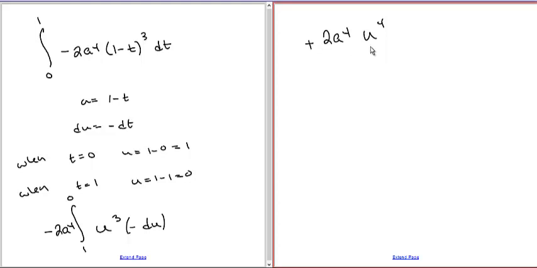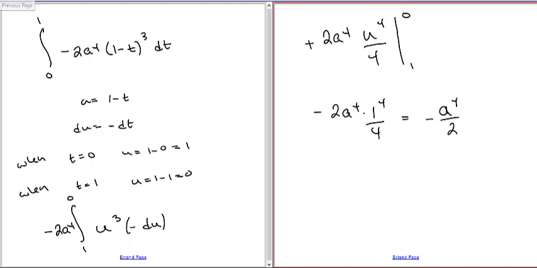This negative comes out front, becomes positive from the du, divided by 4, evaluated between 0 and 1. Now at 0 you get 0, and then you subtract the lower limit, so you'll have negative a to the fourth times 1 to the fourth divided by 4, so that becomes negative a to the fourth over 2.